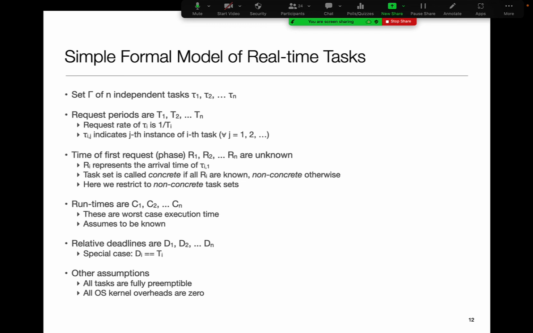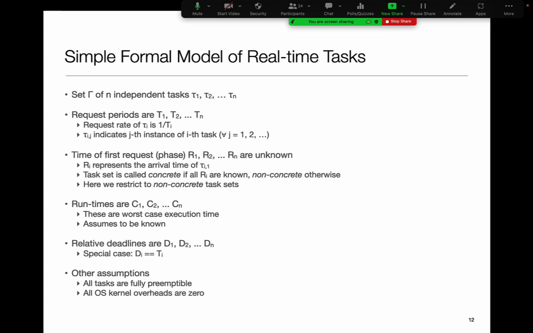So oftentimes we break down the system into these tasks, and a simplifying assumption we often make in a very simple setting is that they are independent. They don't share anything. These tasks don't talk to each other in any manner. They don't send messages to each other. They don't have any shared mutex, semaphore, nothing. They don't interact with each other.